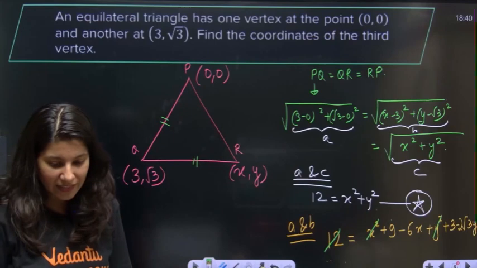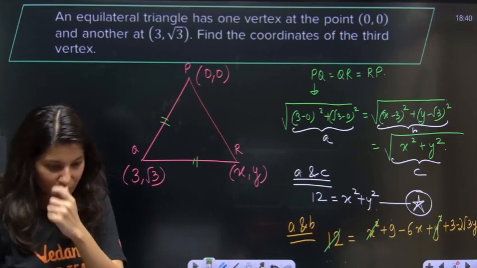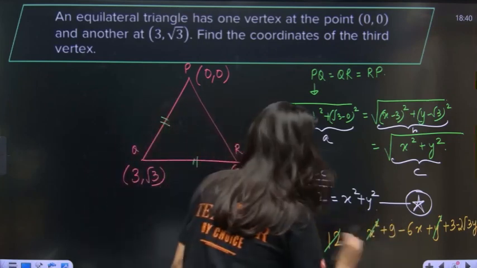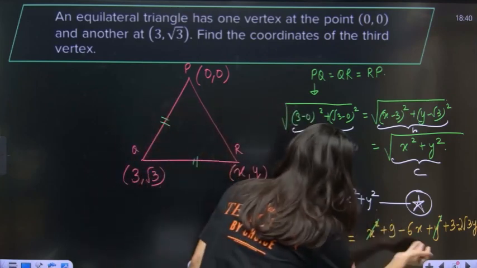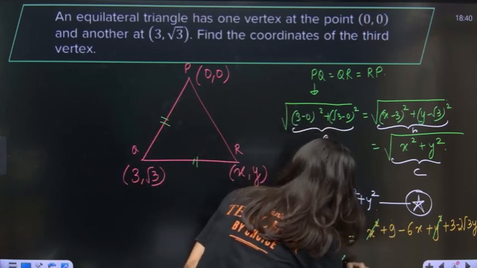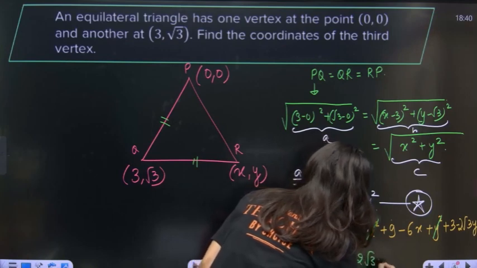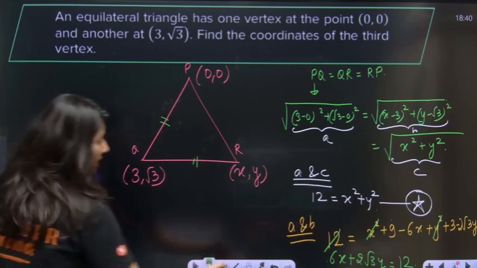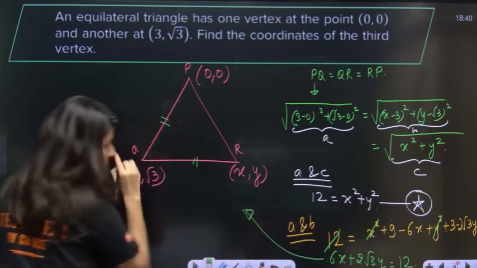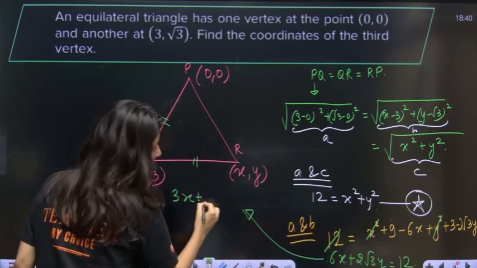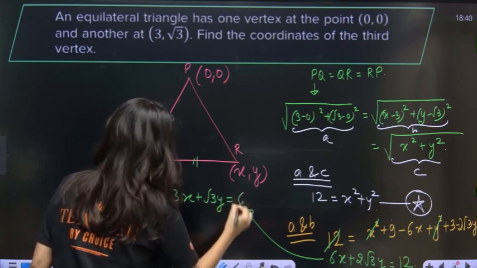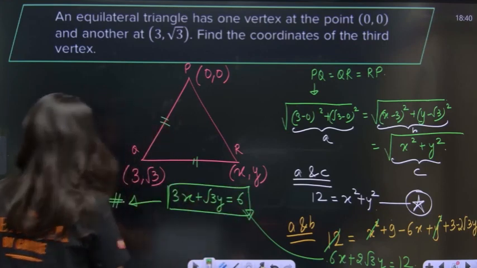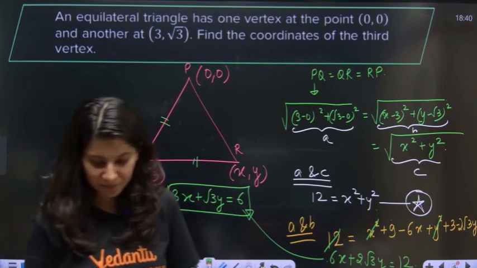Can I do that? Everybody? Yes. A and B equal. Correct. So now what are you going to get? Tell me. You are going to get 6x plus 2√3y is nothing but 12. One more time if you do that, you are going to get 3x plus √3y is equal to 6. So this is your hash equation. Hash equation, everybody?